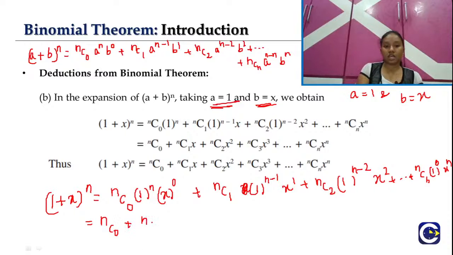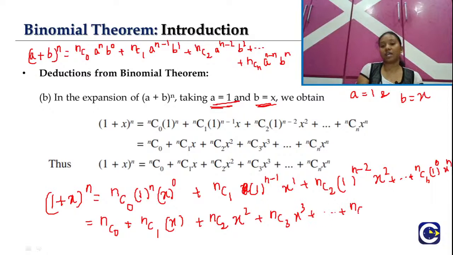And here nC1, the power is anyway 1, so we can neglect it, so it will be nC1 into x. And this is nC2, and this can also be 1, so 1 into something will be the same thing, so it will be nC2 x square. And the next nC3 x cube, and so on. The last one will be nCn x power n.